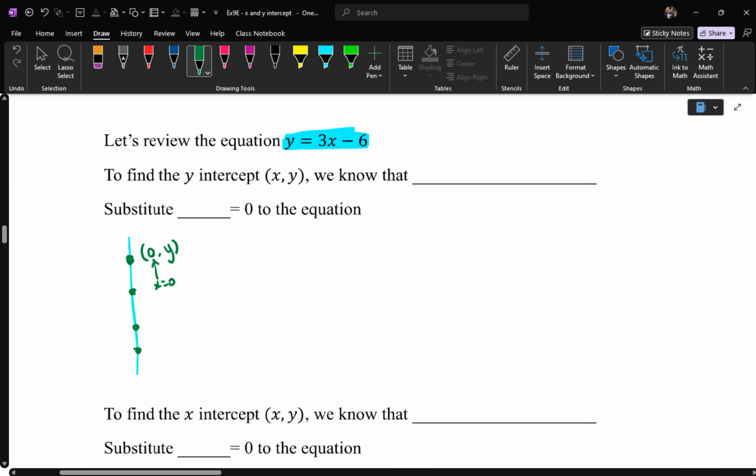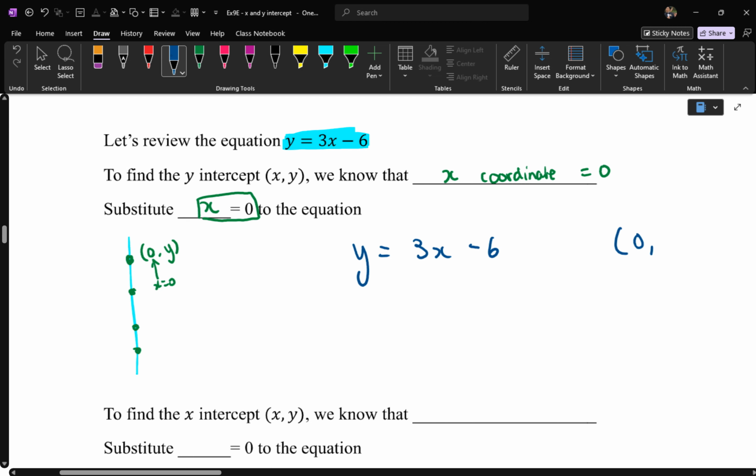So what I want you to write here is, to find the y-intercept, we know that the x-coordinate must equal 0. Okay? So if we know the x-coordinate has to be 0, we'll then substitute x equals 0 into your equation, because that's what you said. We've got a rule: y equals 3x minus 6. And what we're saying is, if we know the x-coordinate is going to be 0, all you have to figure out now is what is y. So to work out y, you've got a rule for it.